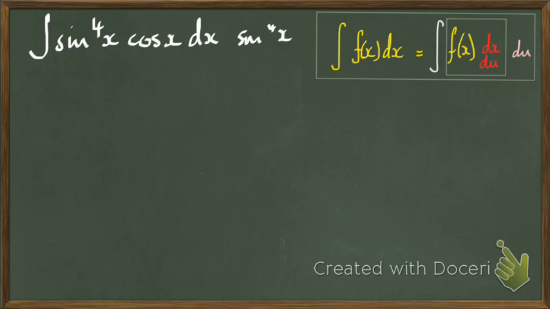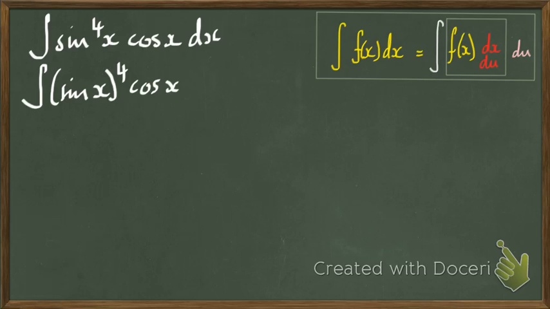Now that I've done that, I can rewrite this integral as the integral of sine x to the power 4 cos x dx. And the first step, again, if you need to go back to the original video, is identifying what is going to be the u bit of my u substitution, and it's going to be sine x.